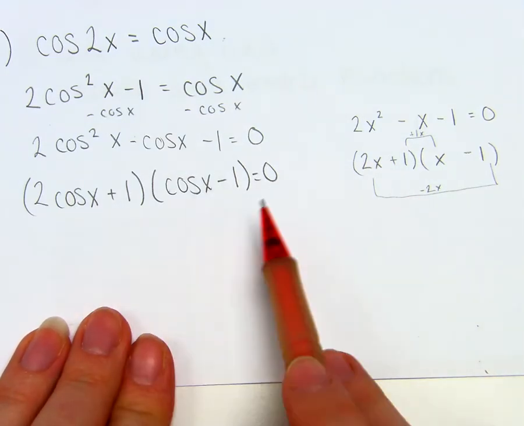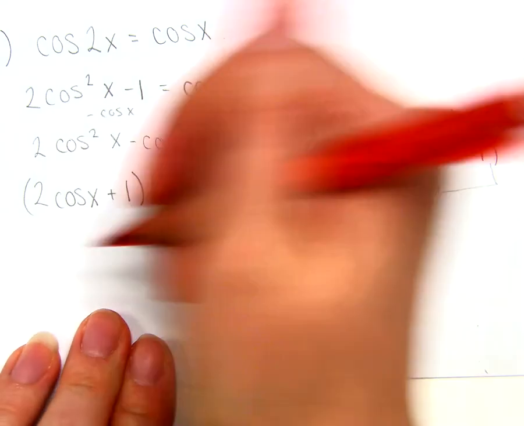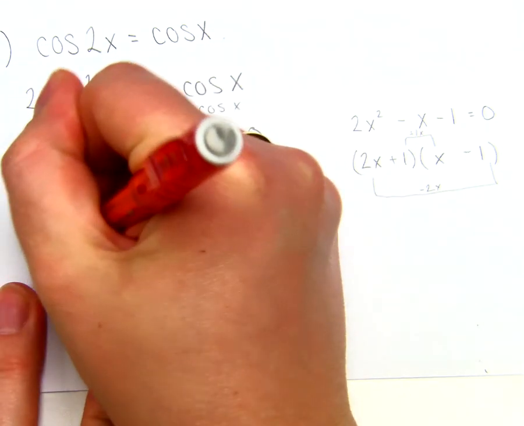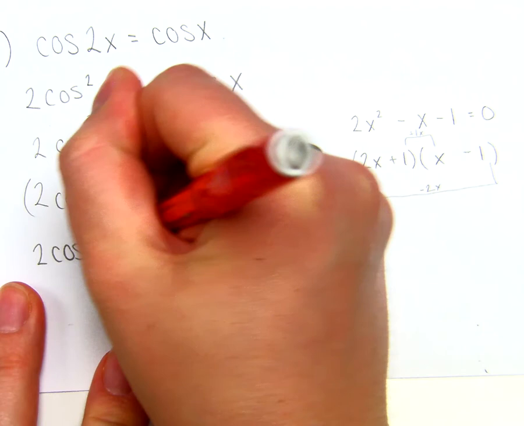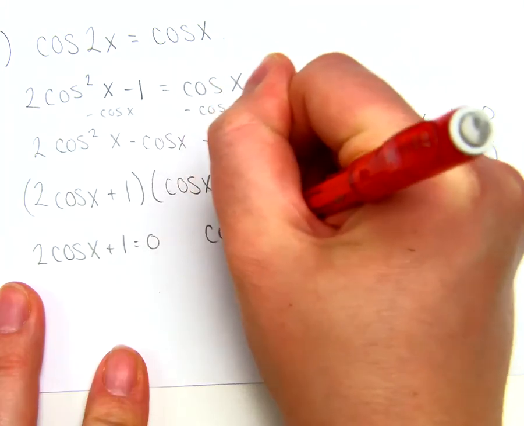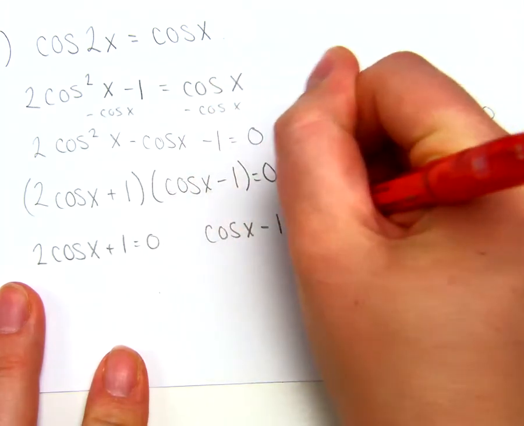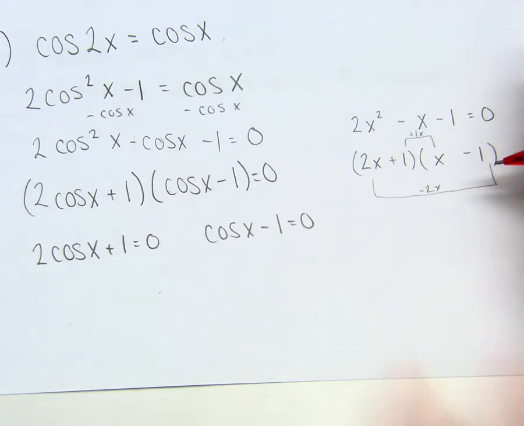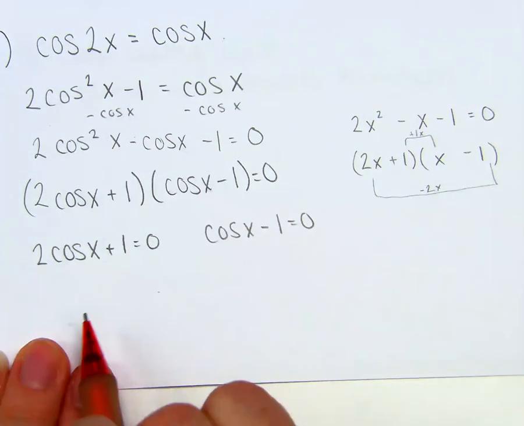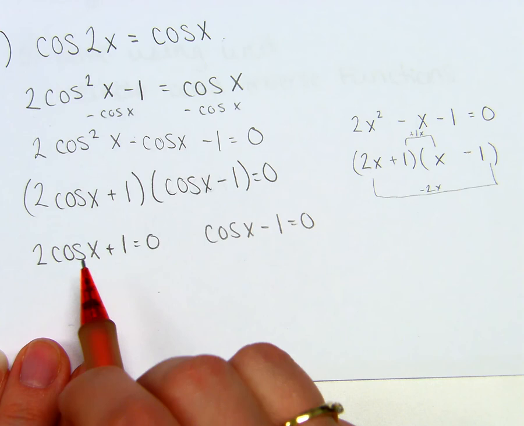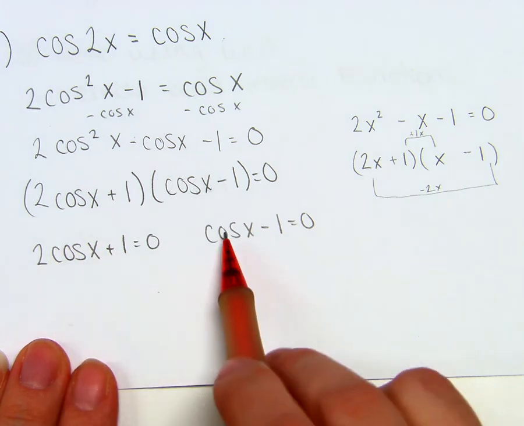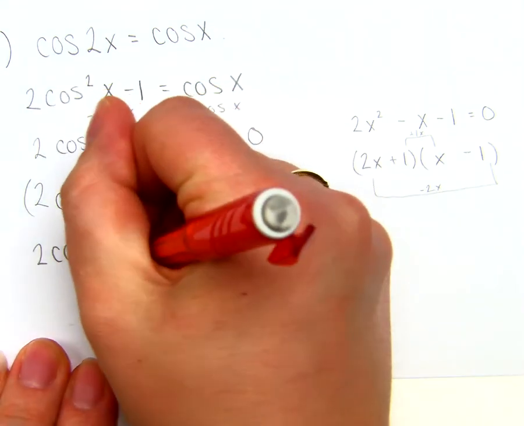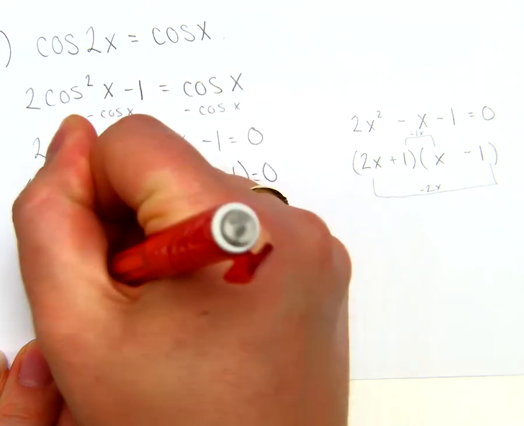Now since I have two factors, I want to set both of those factors equal to 0. So I have 2 cosine x plus 1 equals 0. And cosine x minus 1 equals 0. So again, I want to get my cosine function by itself for both of these. So this one, I would minus 1 on both sides.